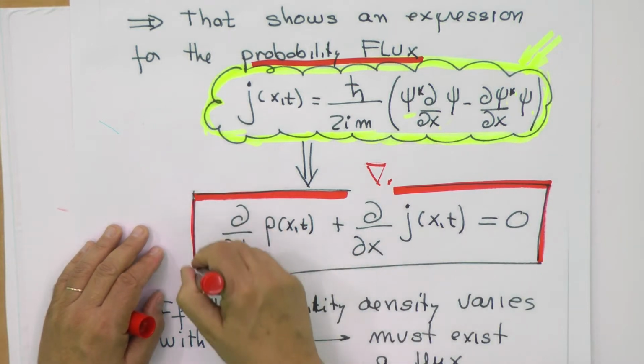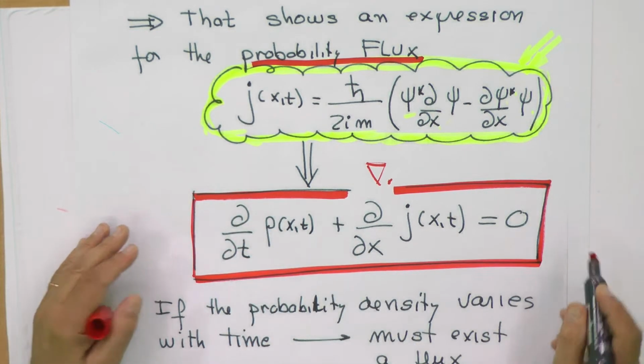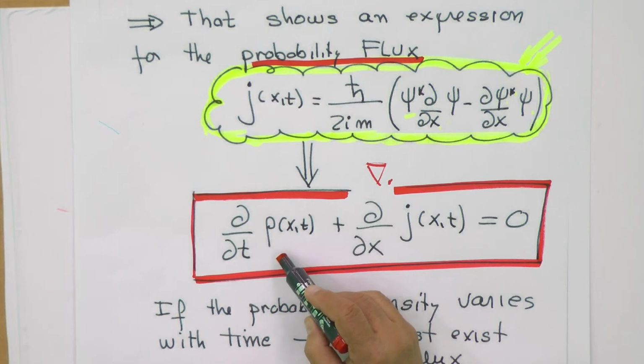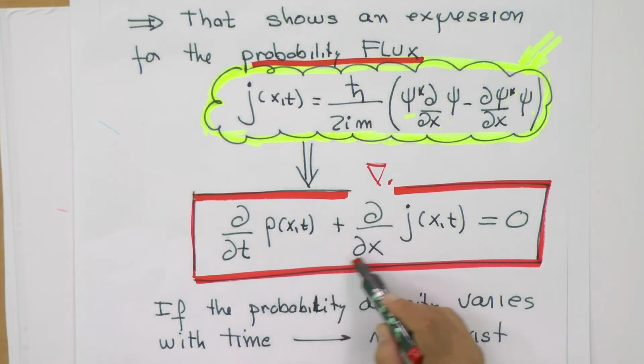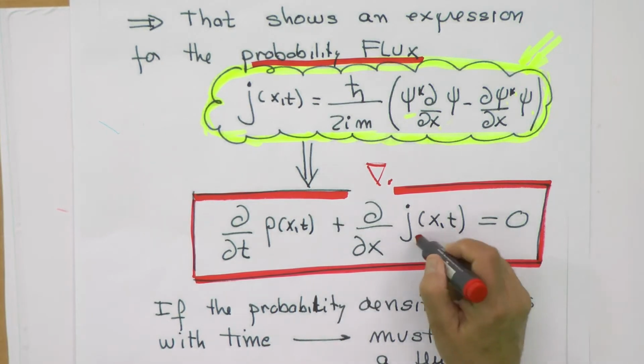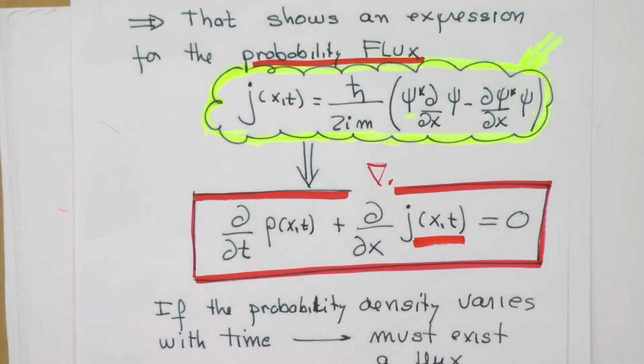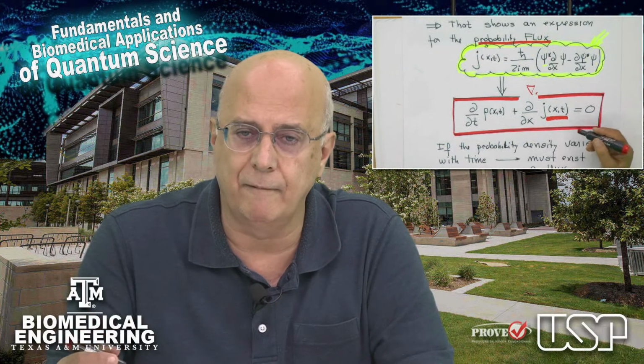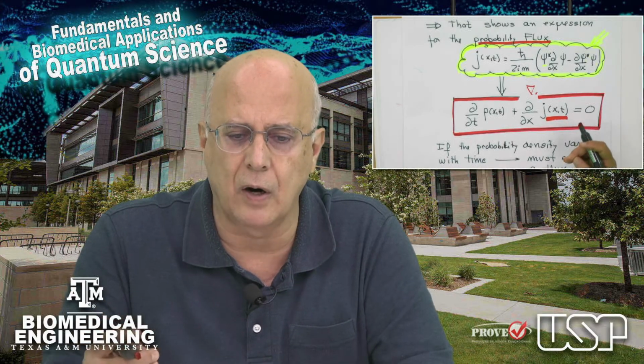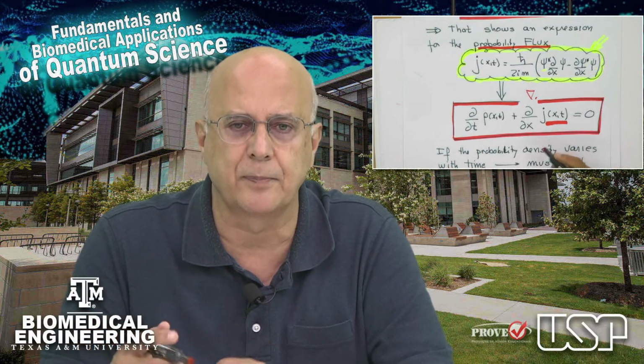the continuity equation demands that the time derivative of probability is related to the flux of probability. This is interesting because this already is somehow strengthening our interpretation of probability as psi squared.